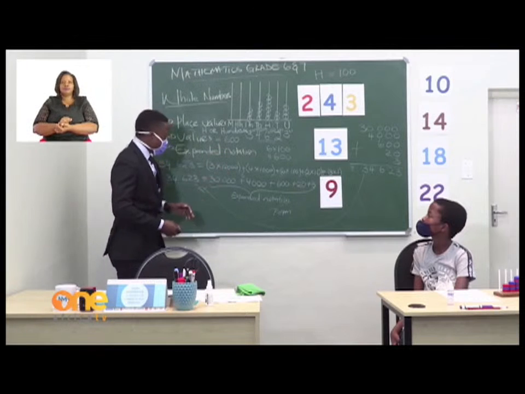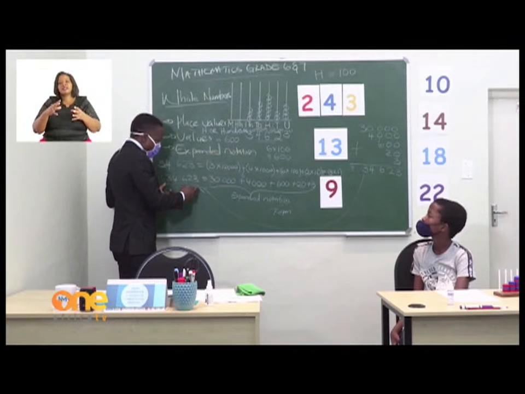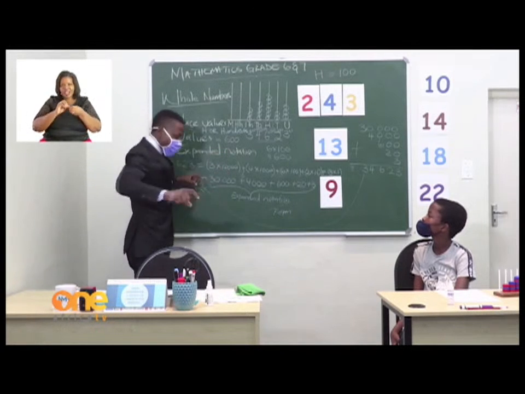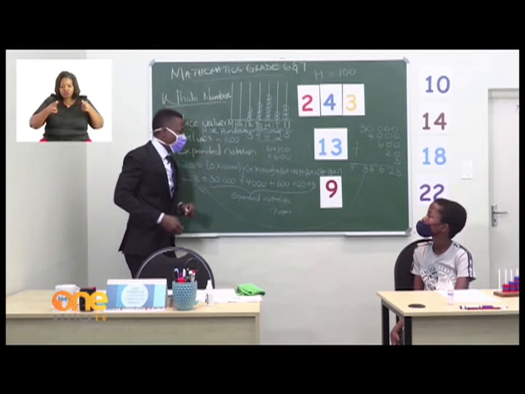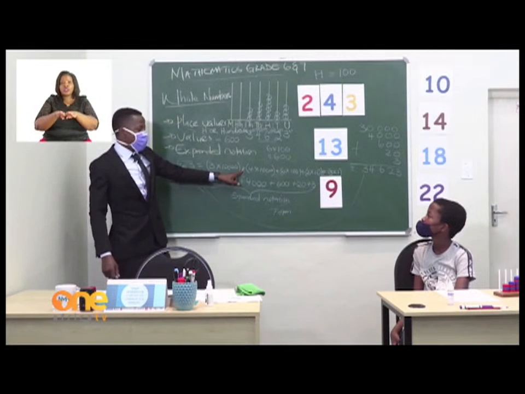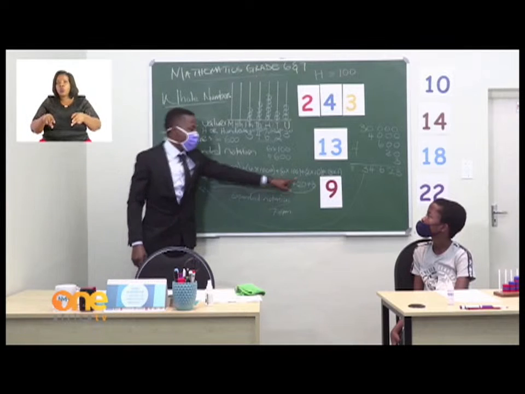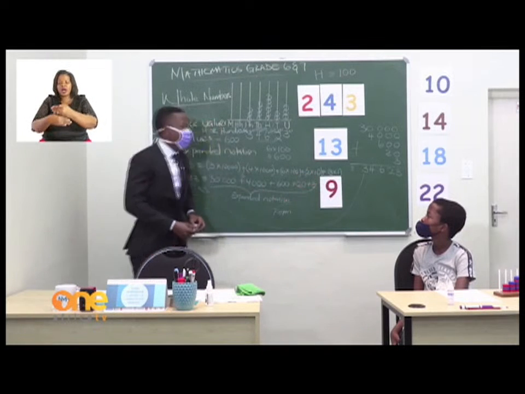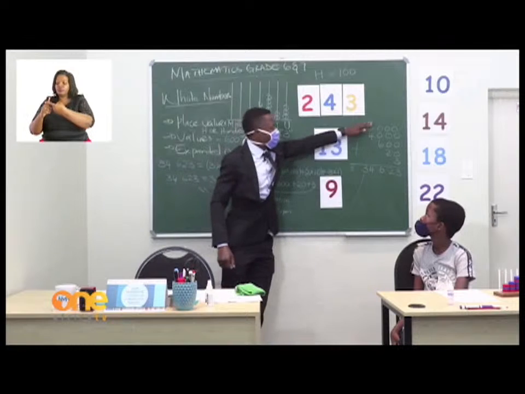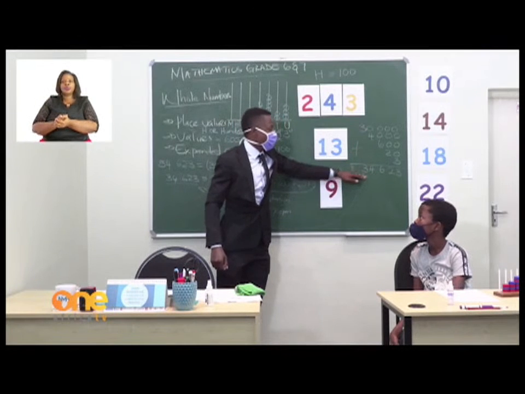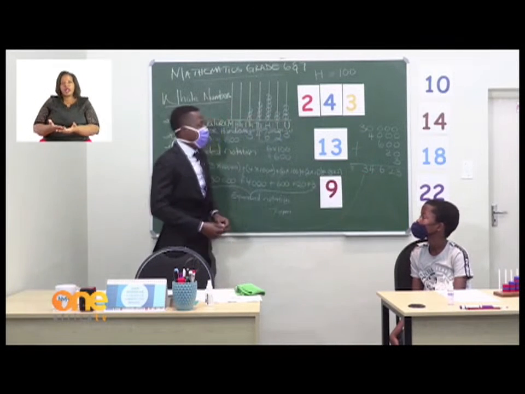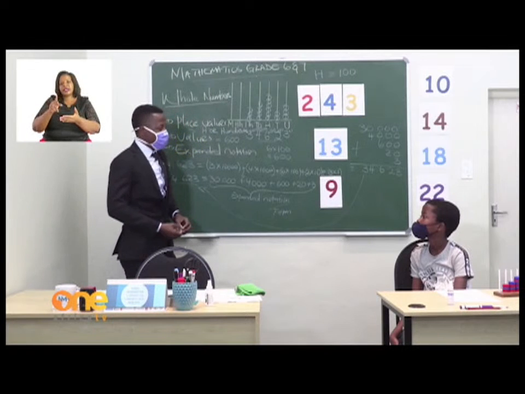Expanded notation, you take a number, and then you make it large in such a way that we have addition in the middle. That will also prove to you that you can still come back to the same number.